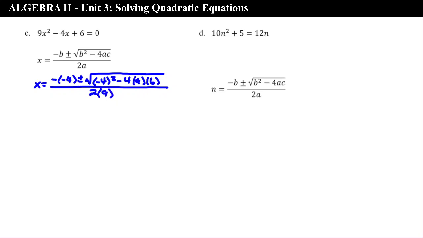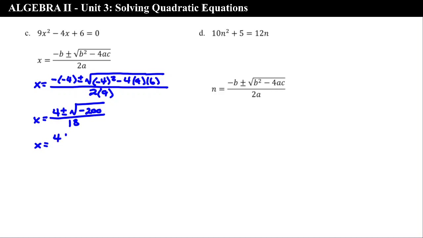Okay, so now that everything's plugged in, we end up with 4 on the front, the square root of negative 200, and then 18 on the bottom. Now here we can do some simplification on what we have under the square root.